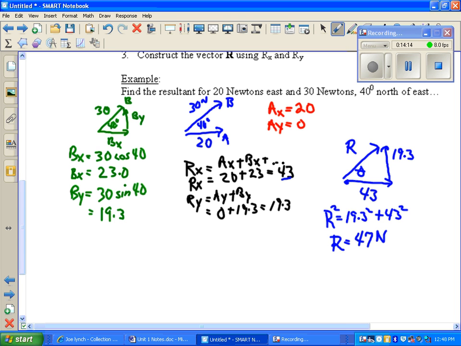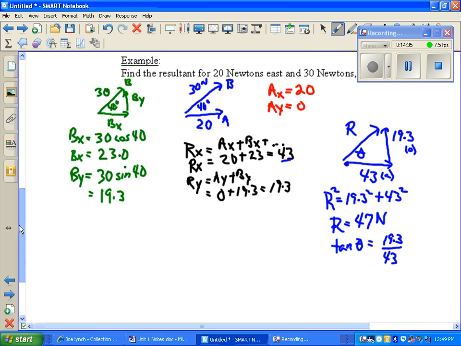And then for my angle, I have the opposite side and the adjacent side of this triangle. Opposite over adjacent is tangent, so I can write tan theta is equal to 19.3 over 43.